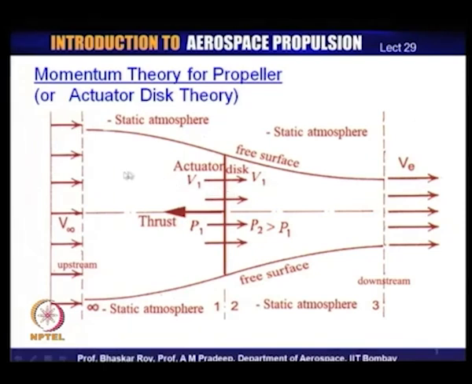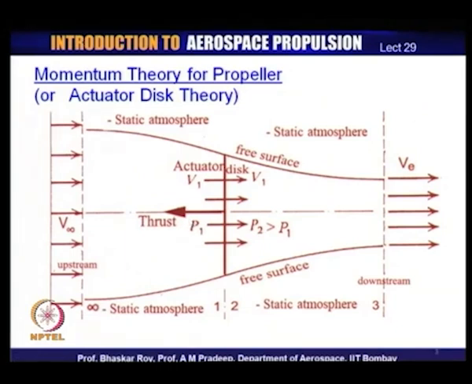The velocity of the flow as it approaches the actuator disk acquires a value V1 and remains V1 through the disk. However, the pressure across the disk jumps from P1 to P2, and this jump in pressure manifests itself in the form of creation of thrust, and that is what of course, the fluid statics tells us.